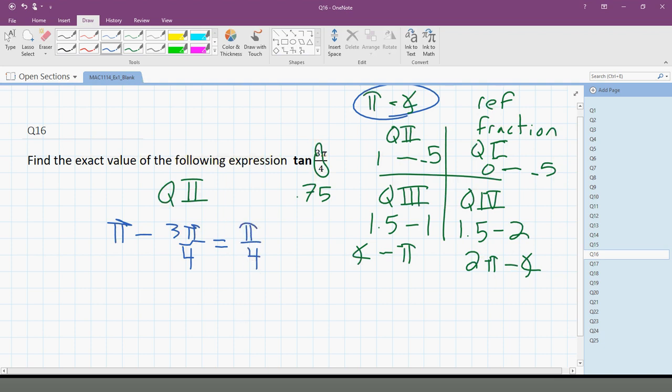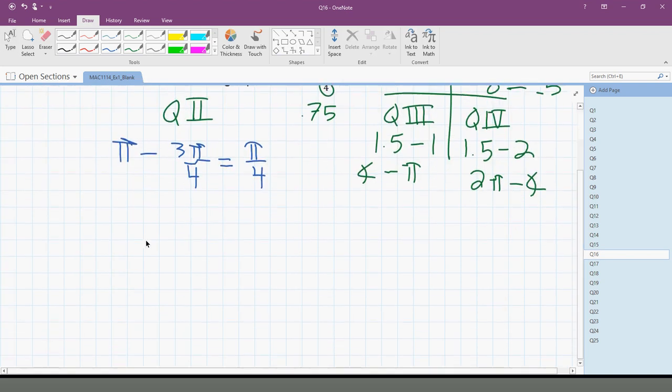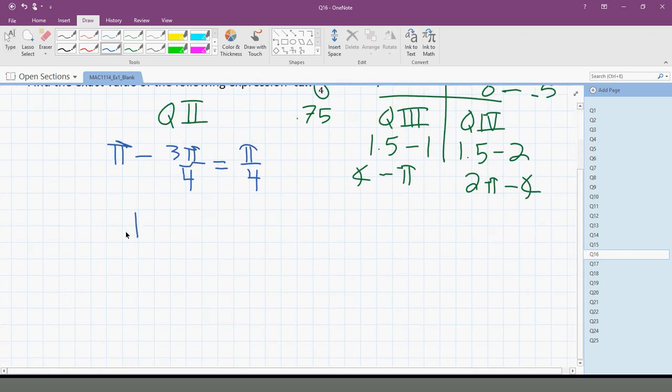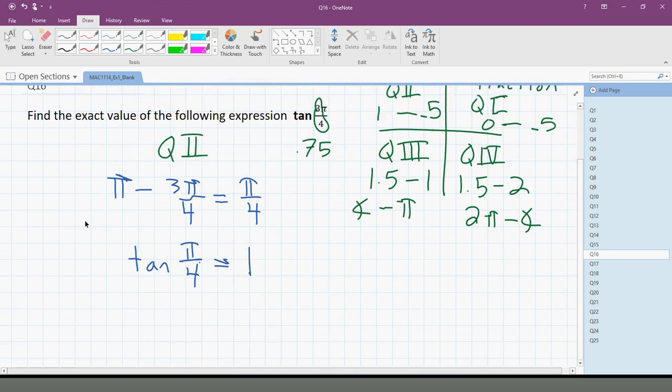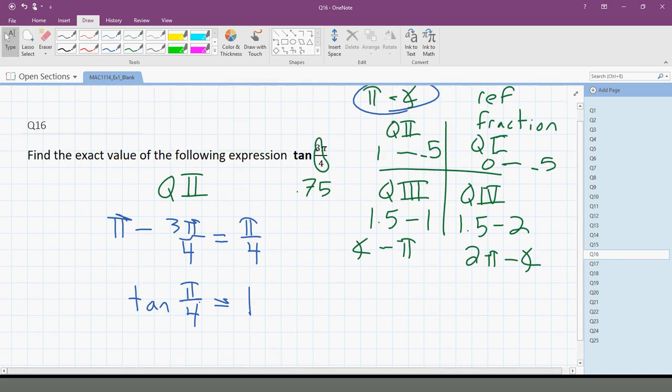So this piece of information is the same answer as tangent of pi over 4. Well, what is tangent of pi over 4? You'll see it's 1. Now, this is where I also talk about the all students take calculus.